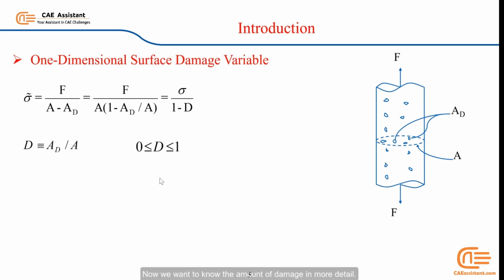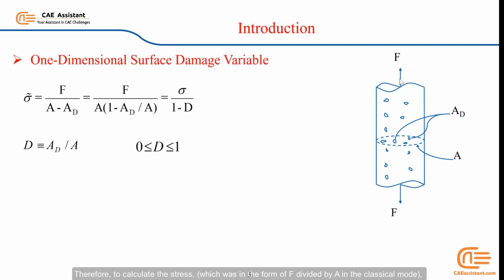Now we want to know the amount of damage in more detail. If we consider a one-dimensional element and this element is subjected to loading, the effective cross-section of the structure is not the value of A, and it decreases due to the presence of microcracks. If the cross-section with the small cracks and holes is labeled AD, the effective cross-section can be considered as A minus AD.